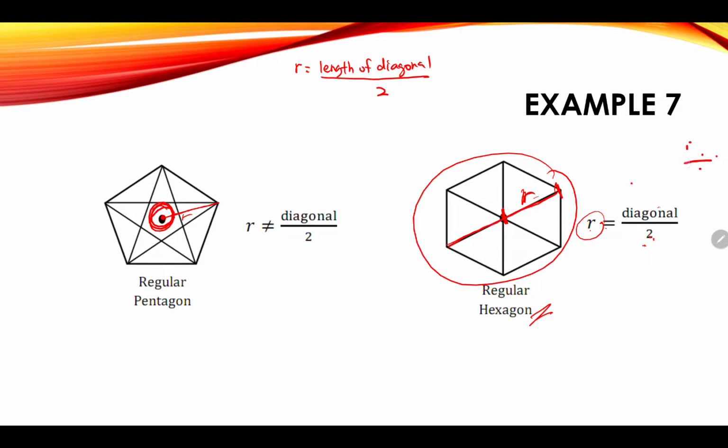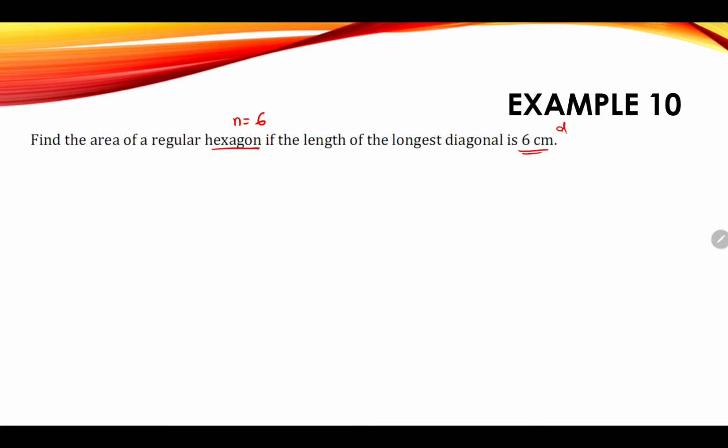Hexagon. So, to find R, kita diagonal tadi, bahagi dengan 2. So, dapatlah R dia 3. Okay.